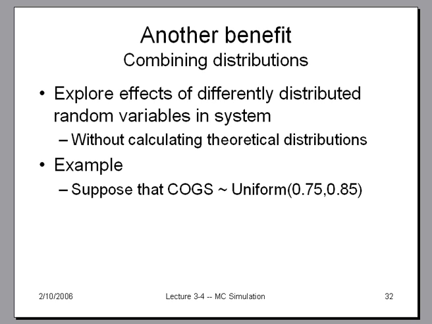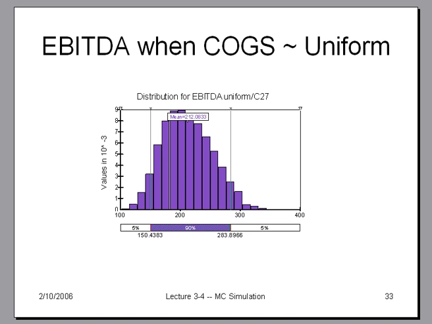Well, with Monte Carlo simulation, you simply define, say, growth as normally distributed and cost of goods sold as uniformly distributed. By uniform, we mean it can assume any value between 0.75 and 0.85. Run your Monte Carlo simulation, look at the histogram, and you can identify the distribution. @RISC even has a function that will allow you to identify the distribution and its parameters should you be so inclined.